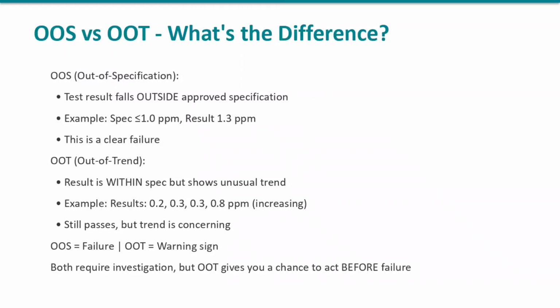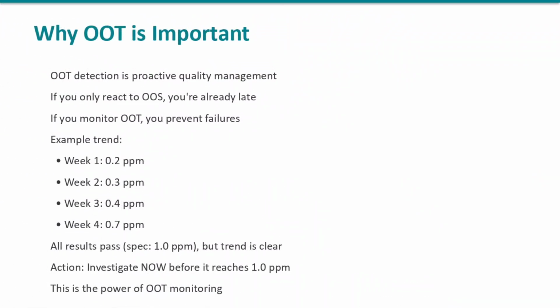OOT detection is proactive quality management. If you only react to OOS, you're already late. The product has failed. If you monitor OOT, you can identify problems before they become failures. For example, Week 1 heavy metal result is 0.2 parts per million. Week 2 is 0.3 parts per million.